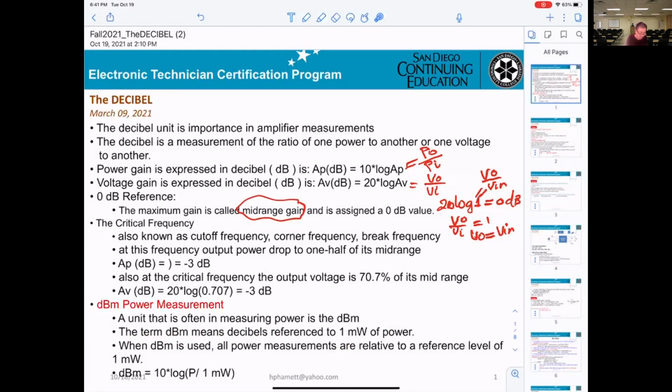So the formula, if you want to calculate the dBm, equals 10 times log of the power divided by 1 milliwatt. That's the only formula you need. When you get the dBm, you're able to get the watt, milliwatt, or kilowatt. Or when you get a milliwatt, watt, or kilowatt, you can find how much dBm. This is the formula.